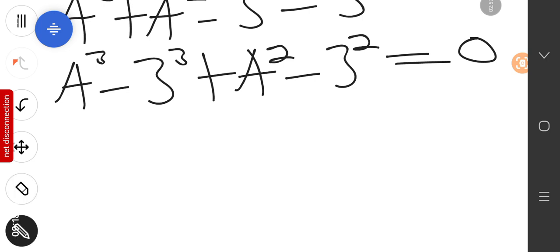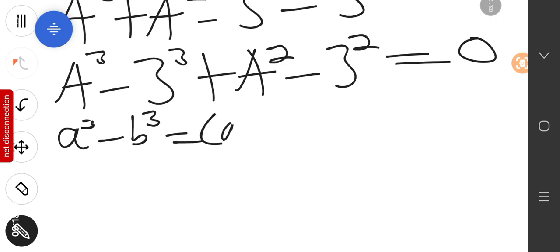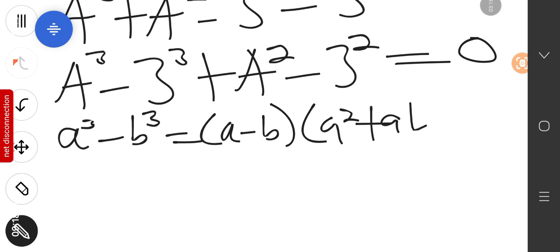So we are going to apply the difference of cubes identity here, and the difference of squares identity here. Let's quote the difference of cubes identity: a cubed minus b cubed gives us a minus b times a squared plus ab plus b squared.